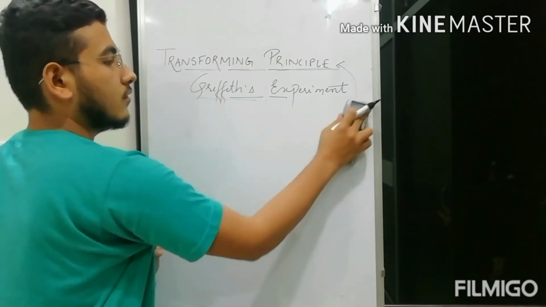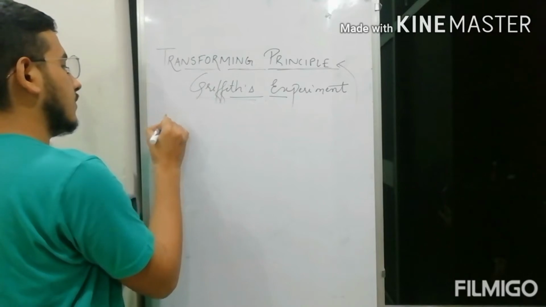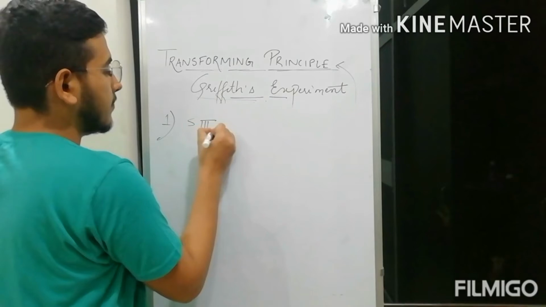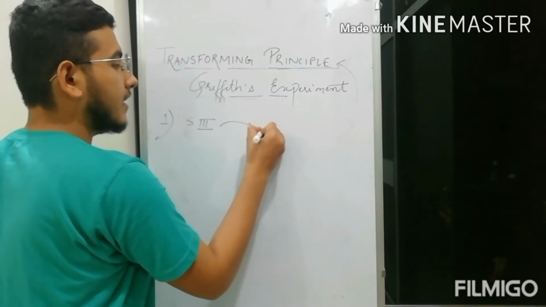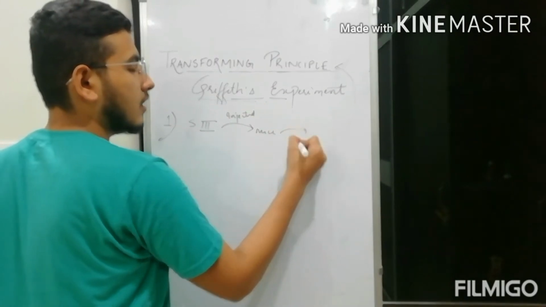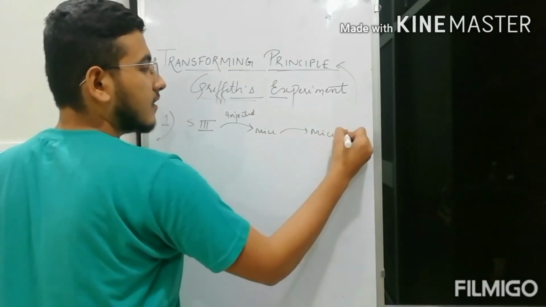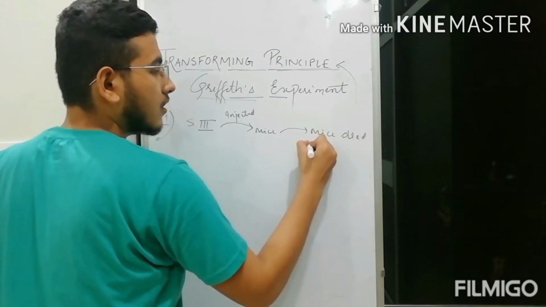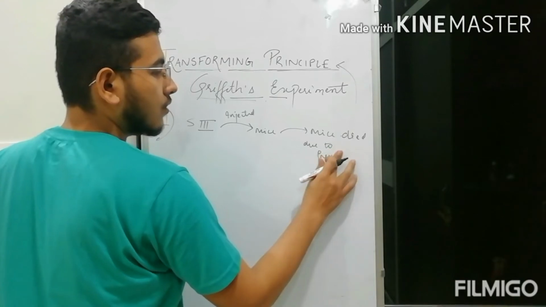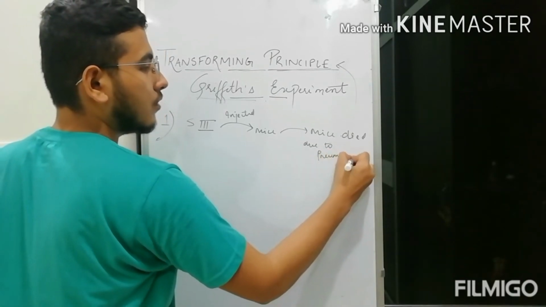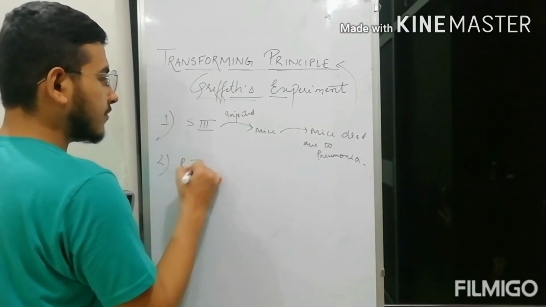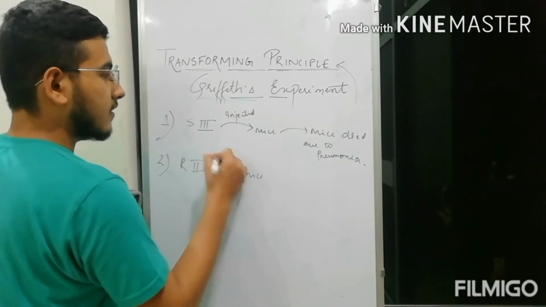First, in his first round, he took S3 type and injected it into mice. Mice died due to pneumonia. Next, he took R2 type strain and injected it into mice.